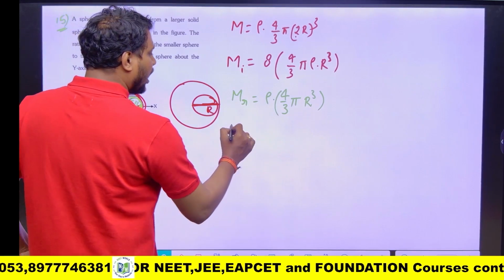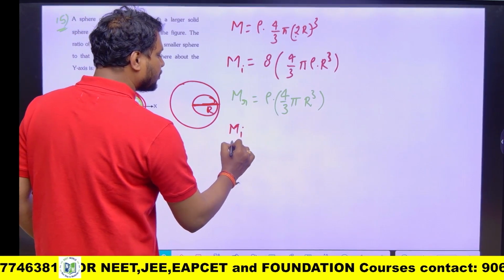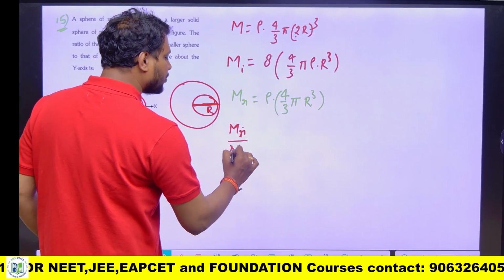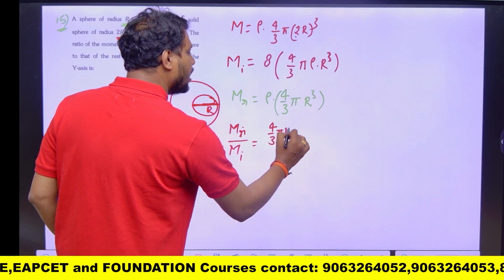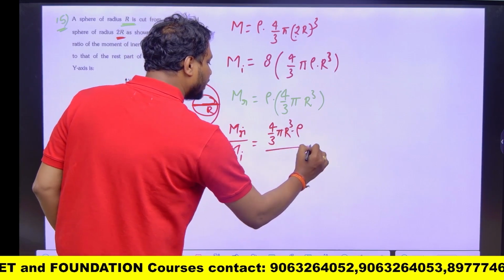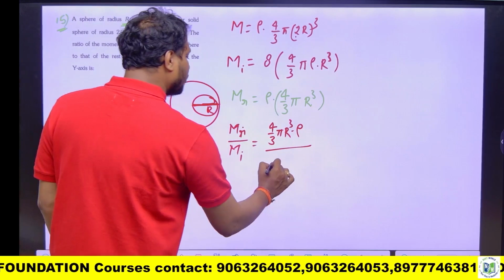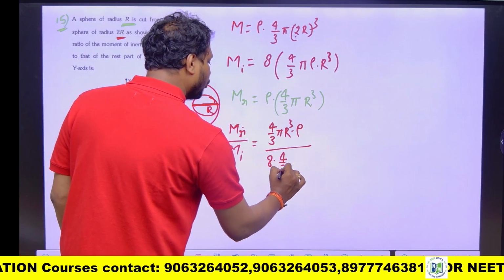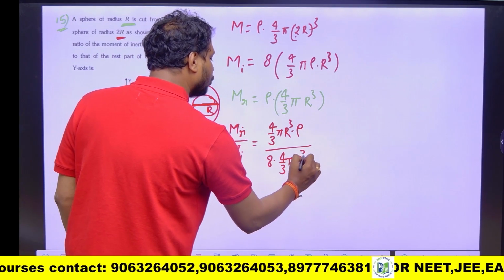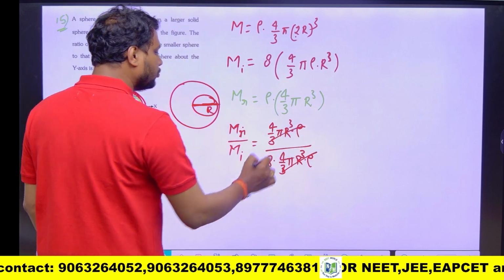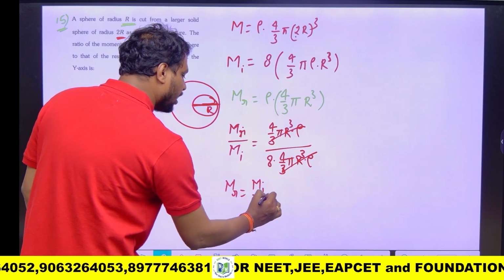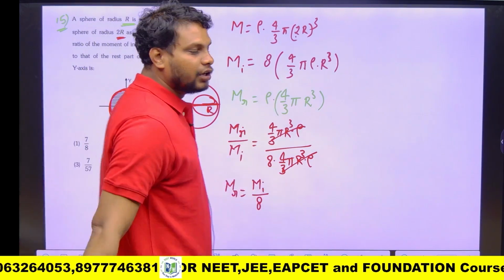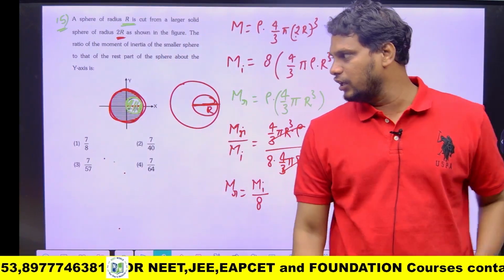From this, I will divide removed mass by initial mass. Removed mass is 4 by 3 pi r cube into rho, divided by the initial mass, which is 8 into 4 by 3 pi r cube into rho. Cancel these two. Then removed mass is equal to initial mass by 8. So this is the removed mass and that is the initial mass.